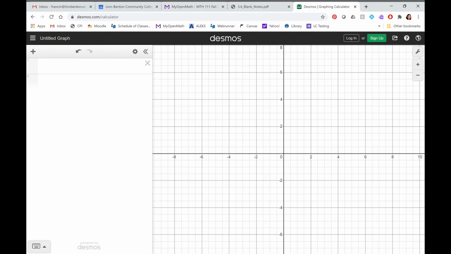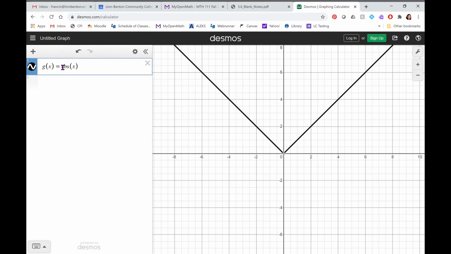All right, here we are in Desmos, and we're going to check our answer. First thing we're going to do is graph g of x equal to absolute value of x. The way you do that is you just type g of x equals, and you just start typing ABS. That stands for absolute value of x. All right. And I think it was blue in our original graph, so let's go ahead and make it blue. Awesome. All right, and then what did we think the answer was?